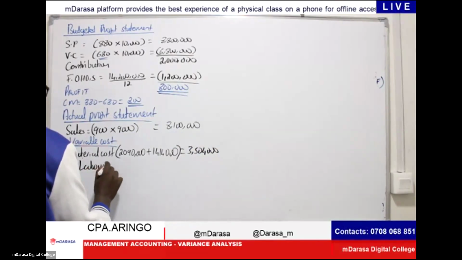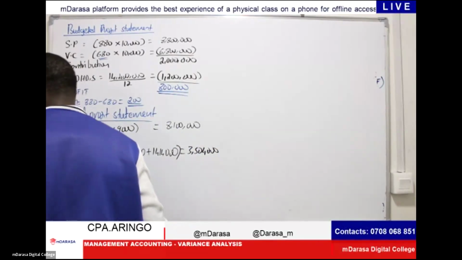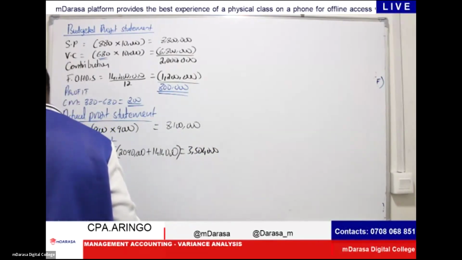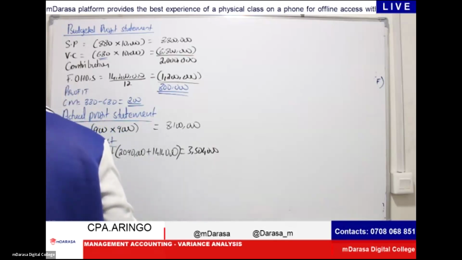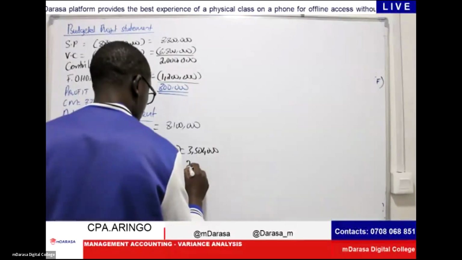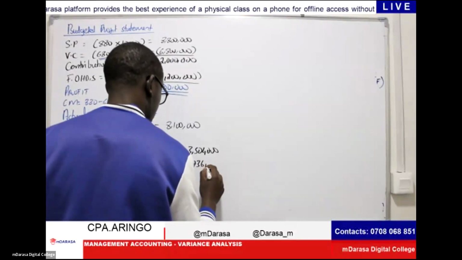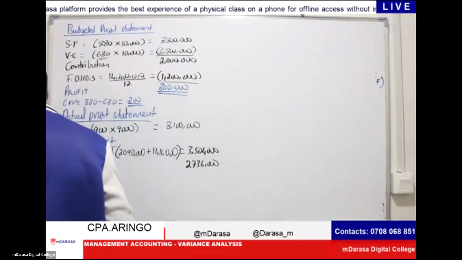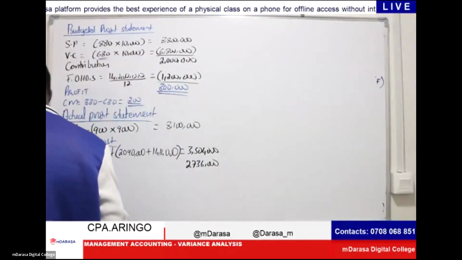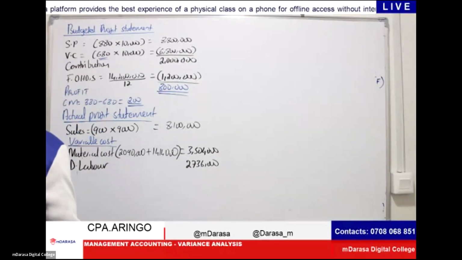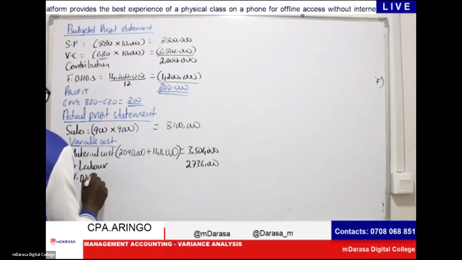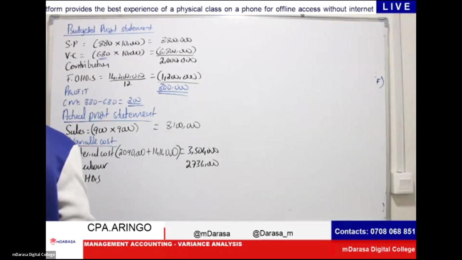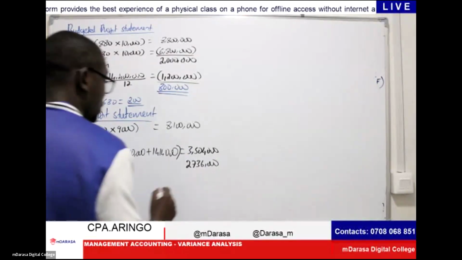Direct labor, we're given a value of 520, that is 2736. We're given a value of variable OHDs, where we're given 520.